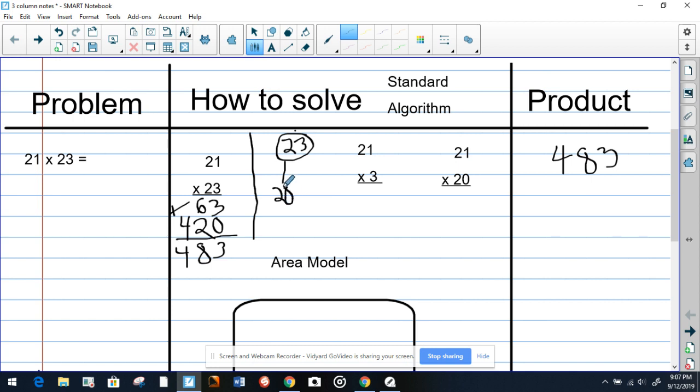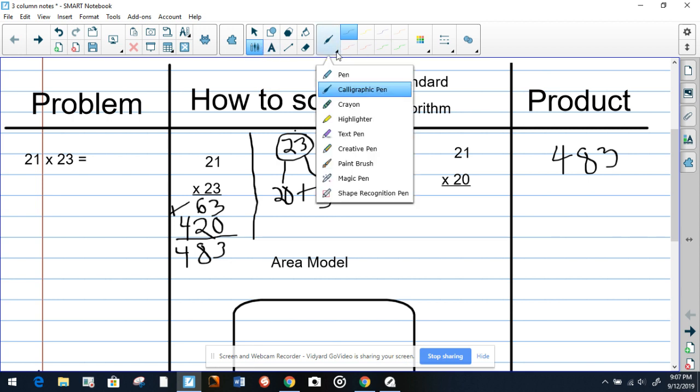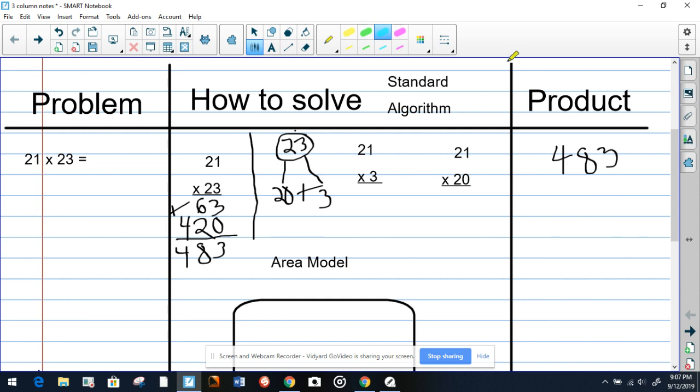That's 2 tens, which equals 20, plus 3. And this is why I created this multiplication. If you can see this right here, these are the 3 ones, and these are the 20, which is 23.